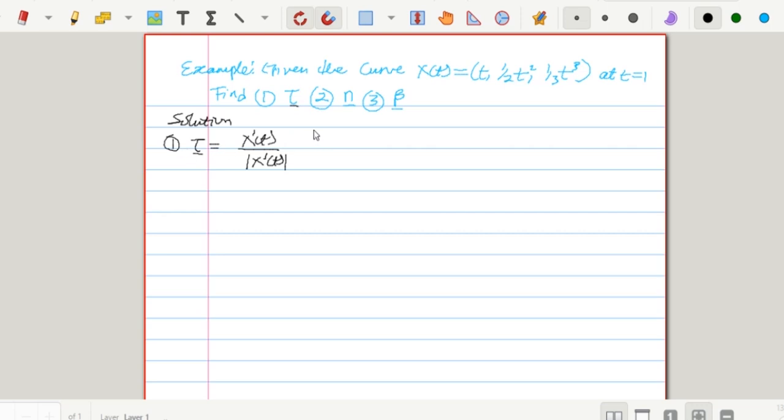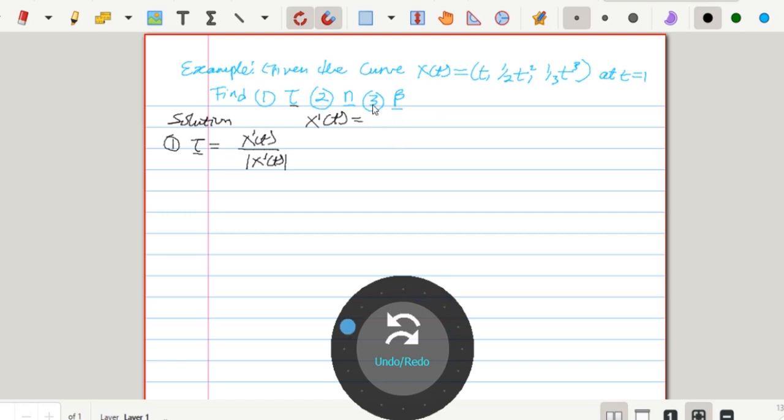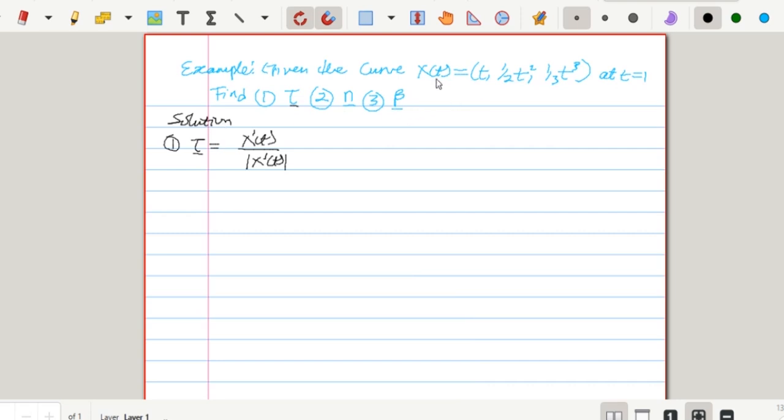So this means if we differentiate this function, x prime of t will be 1, t, t squared.